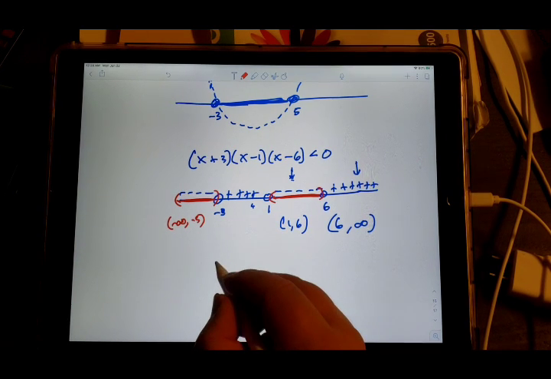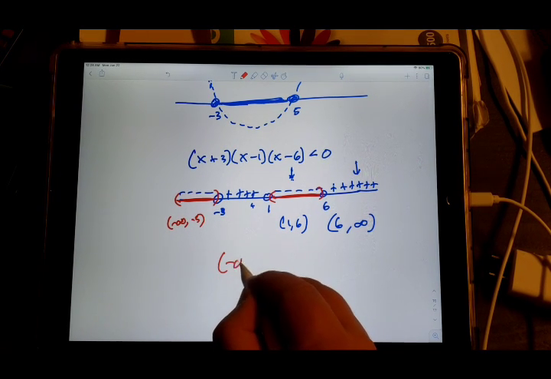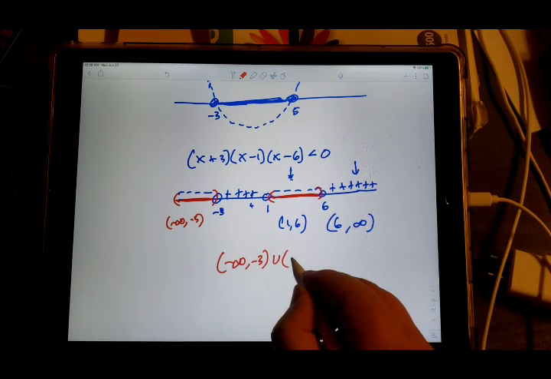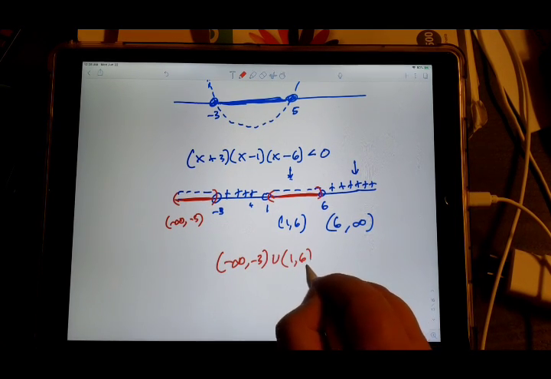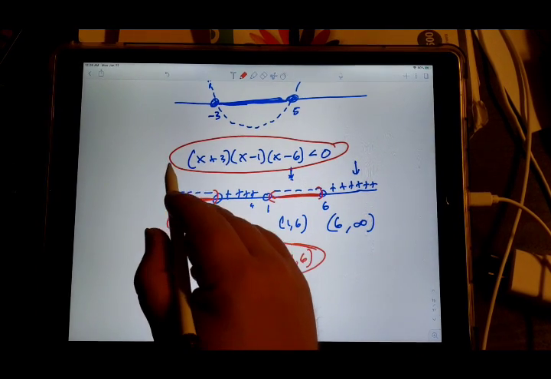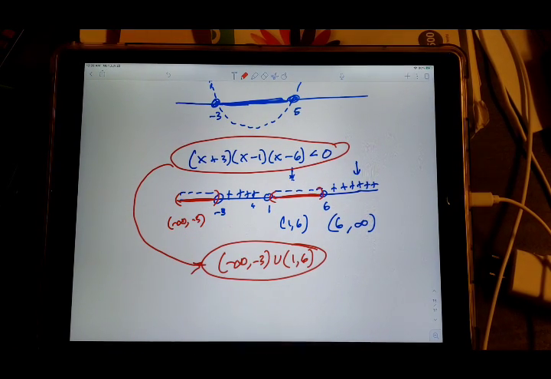So putting those together, the solution is negative infinity to negative 3, union 1 to 6. So this was the question, this was the solution, and there was no function involved.